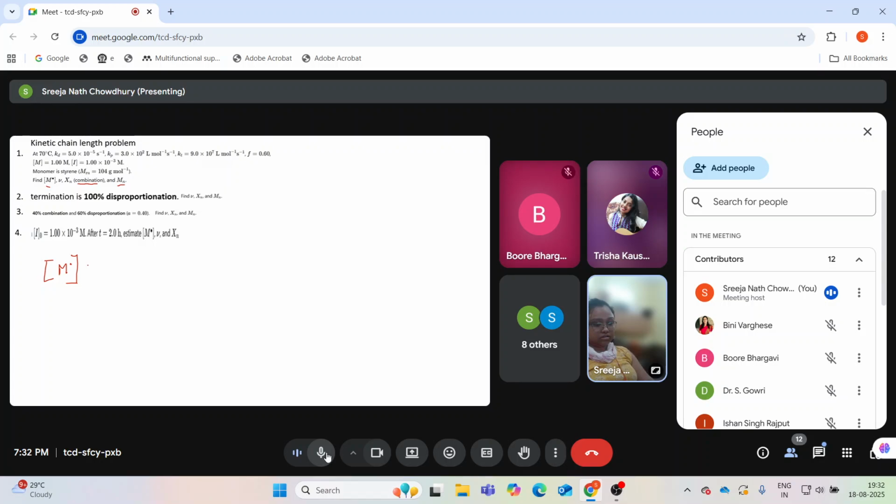Ma'am, in the previous slide, how is the kt value 1.53? The kt value in the question is 9.0 into 10 to the power 7.